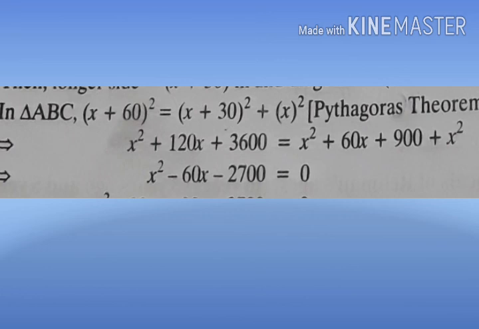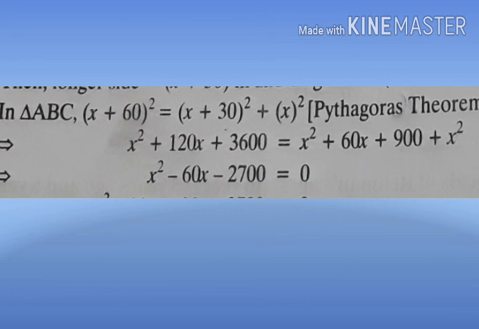Then on RHS 1x square is remaining. Then on RHS 60x is there, and from LHS we can transpose 120x, then it will be minus 120x. Then what we will get? Minus 60x.